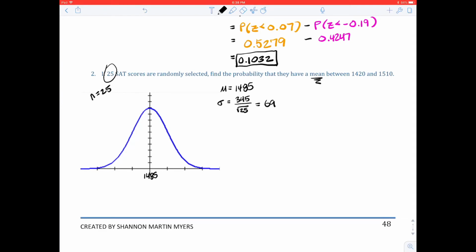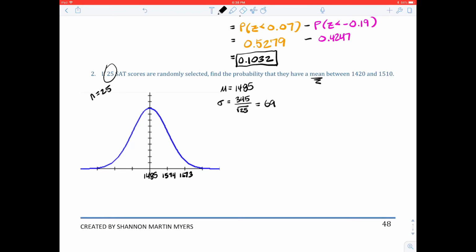But this time we're just adding 69 to each, right? 69 to each. So we'll get 1574 for the first standard deviation. When we add another 69, that would be, I think, 1673.